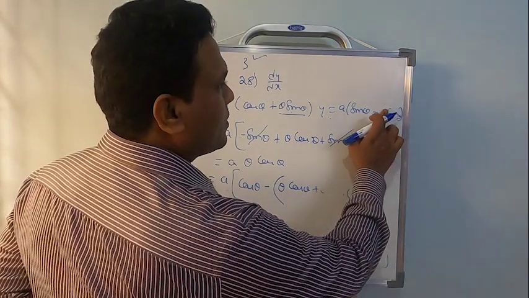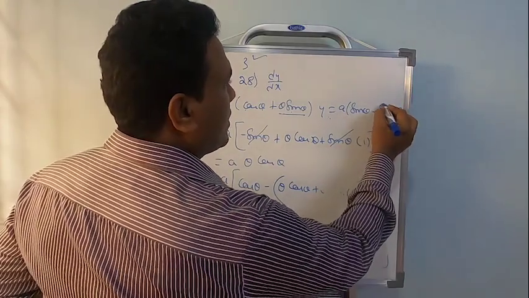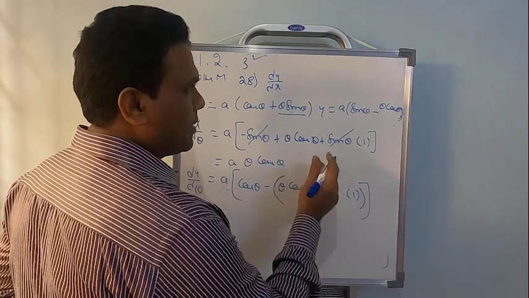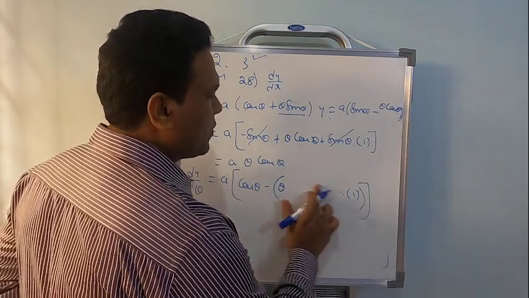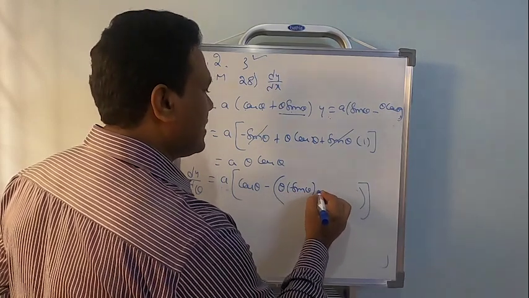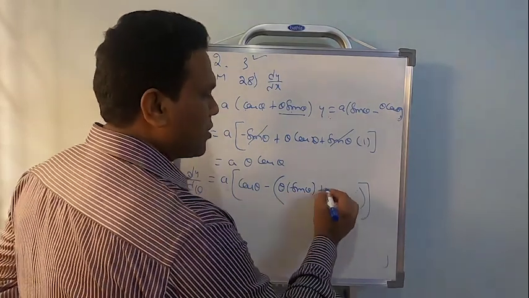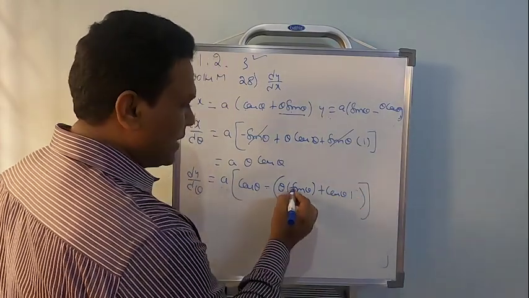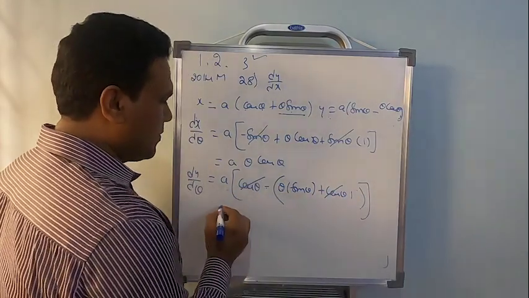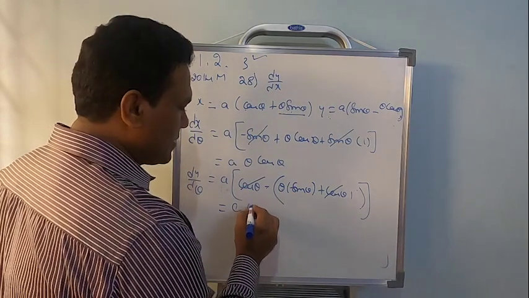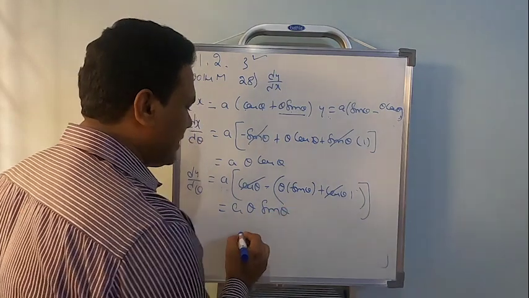Theta multiplied by differentiation of cos theta. Differentiation of cos theta will be minus sin theta, plus cos theta as it is. Differentiation of theta with respect to theta will be 1. When I multiply the minus sign, cos and cos will be cancelled. First a, then minus into minus will be plus theta multiplied by sin theta.